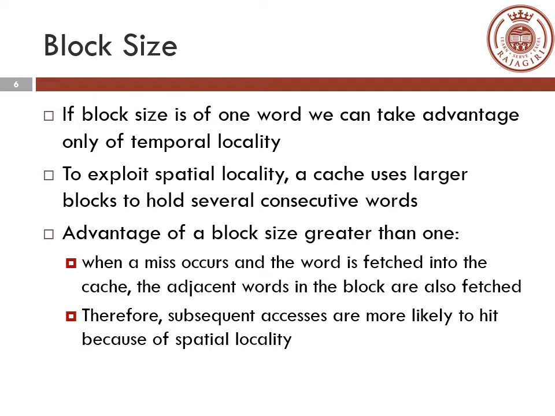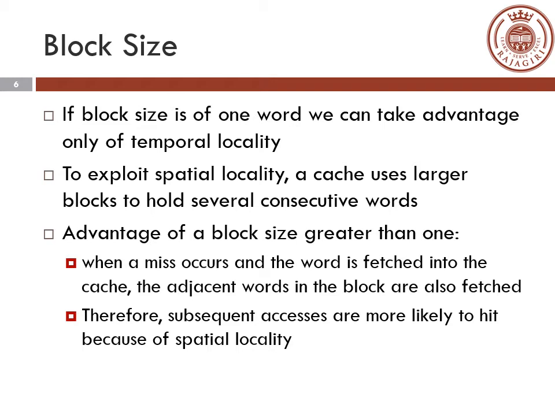The examples that we have seen till now took the block size as one word. Now we are going to see another option in which you are having more words inside the same block, and that is used if you want to have the advantage of spatial locality.